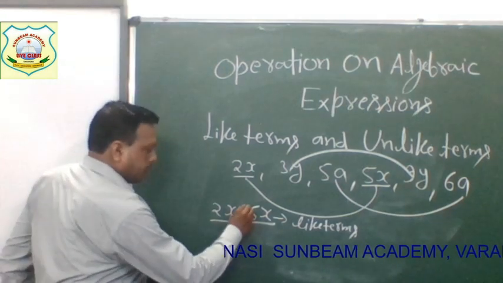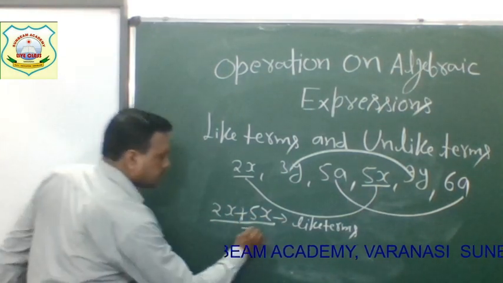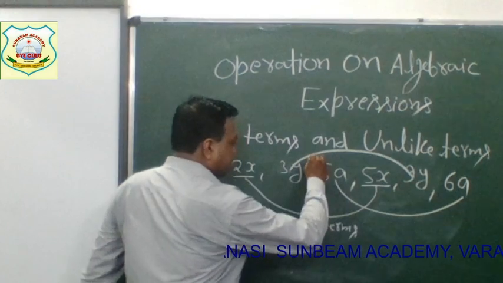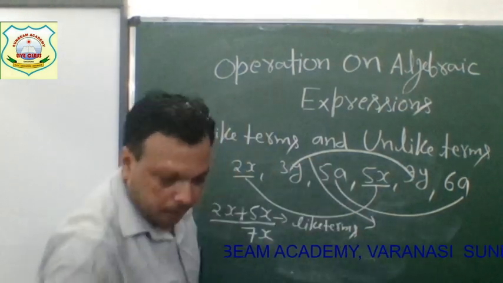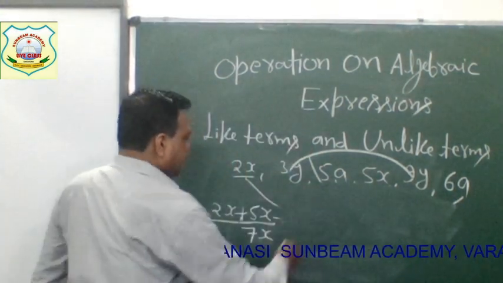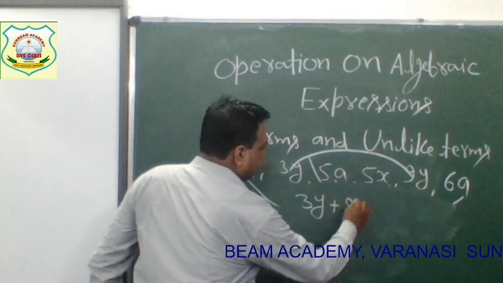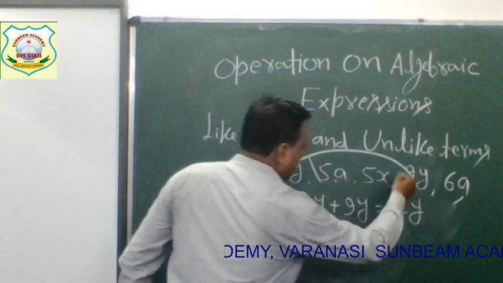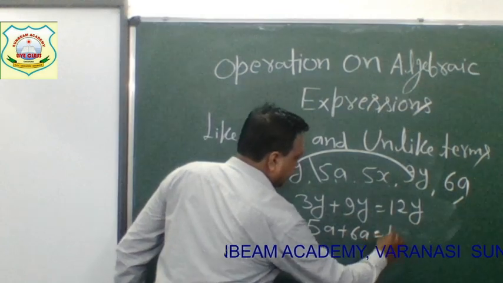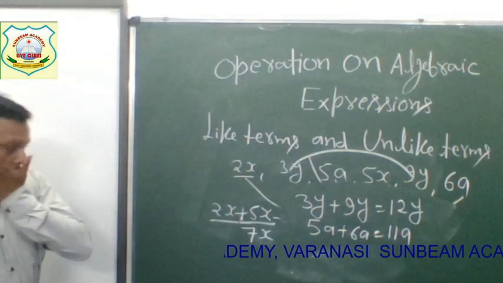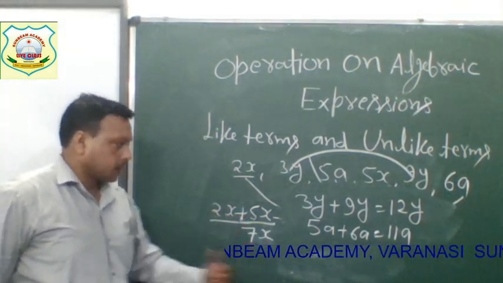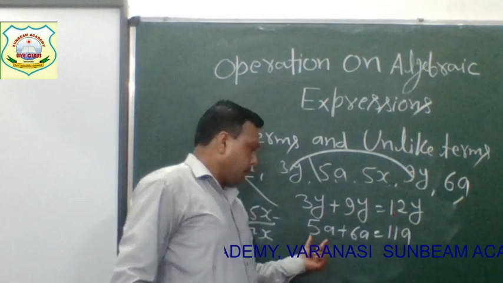If you add 2x plus 5x, what answer do we get? 7x. Similarly, 3y plus 9y gives 12y, and 5a plus 6a gives 11a.